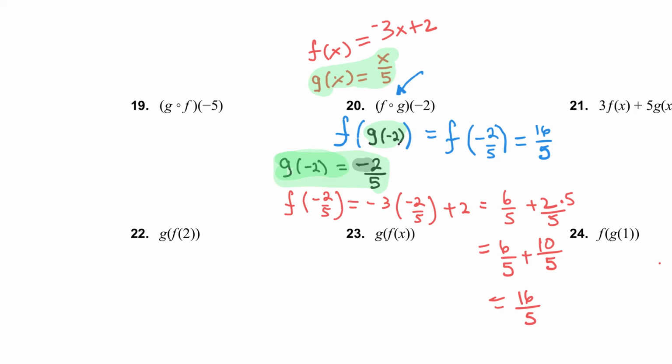That became our input for F. And then I multiplied -3 times -2/5, which gives us a positive 6/5. A common denominator is 5. So I multiplied 2 times 5, which gives us 10/5, plus 6/5, which gives us 16/5.